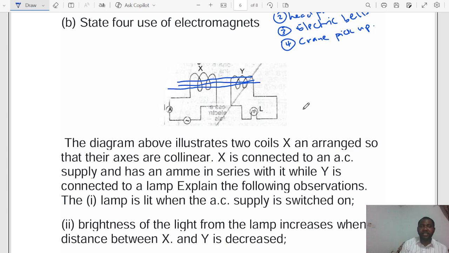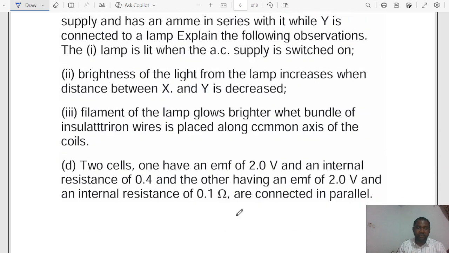It helps magnetic flux transfer easily from X to Y. That's very important for you to note. So increase in mutual inductance means larger inductance, more EMF is induced, meaning larger current would flow.